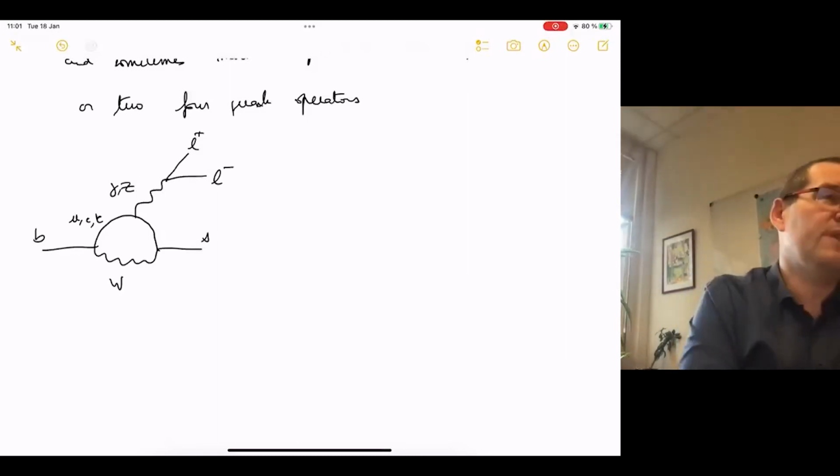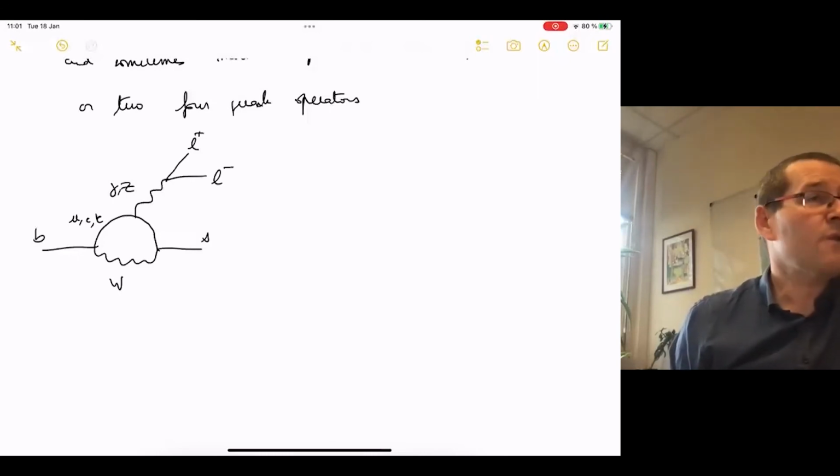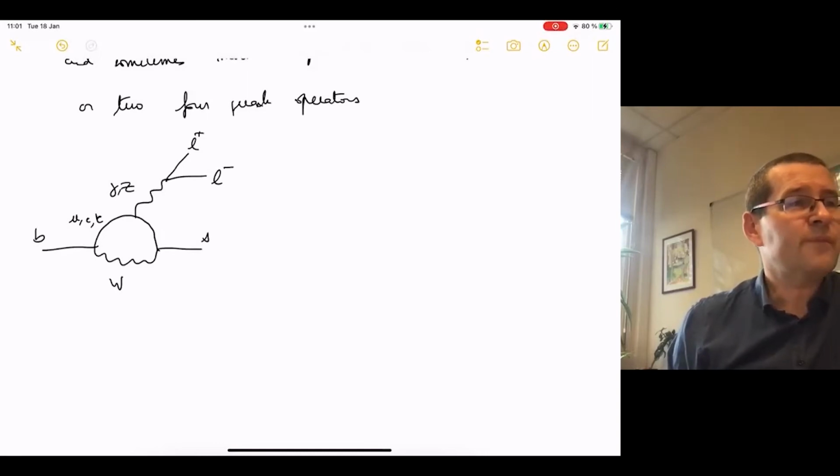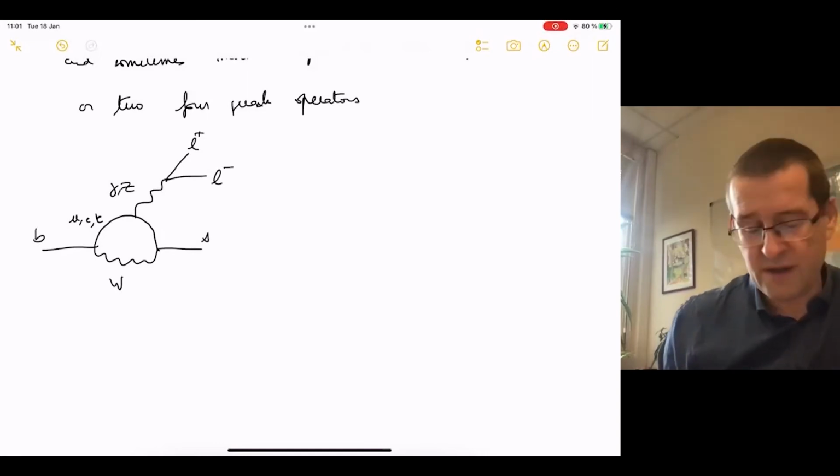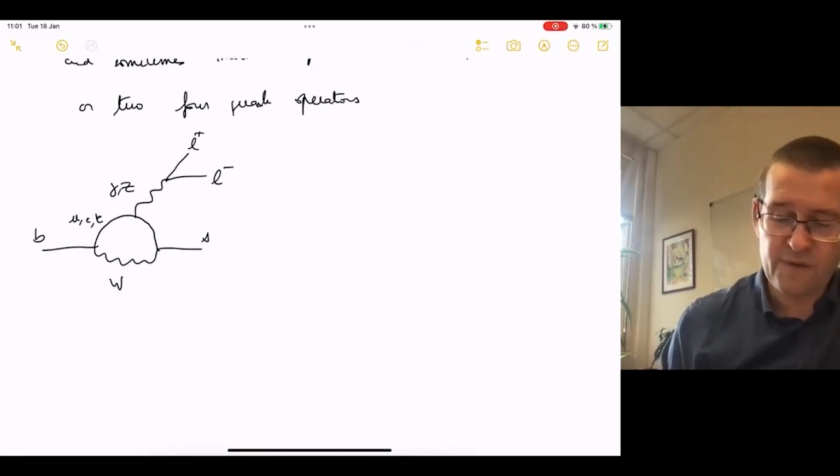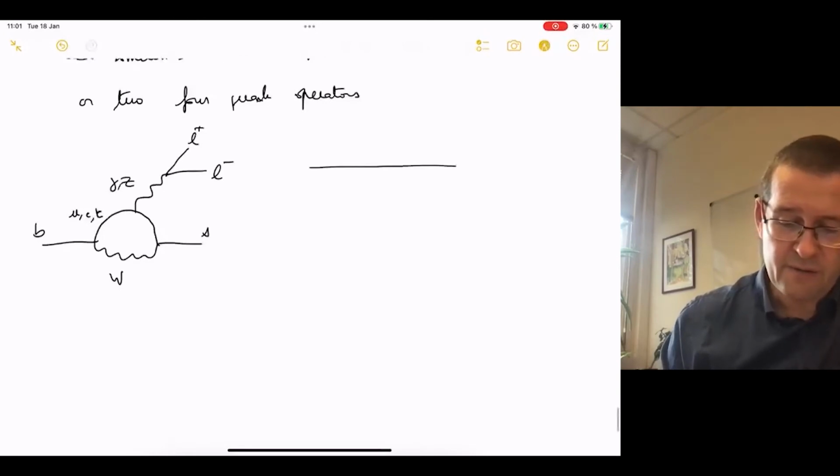So you really want to separate what's going on. But actually, when you think in terms of the operators that you have to consider when you start dealing with the effective field theory, then it starts being quite complicated.